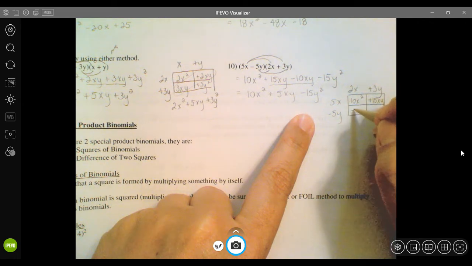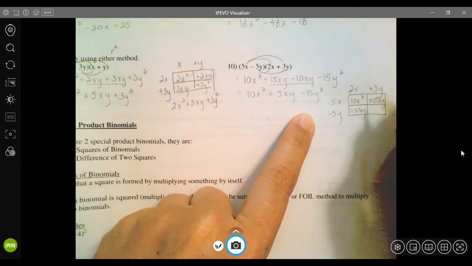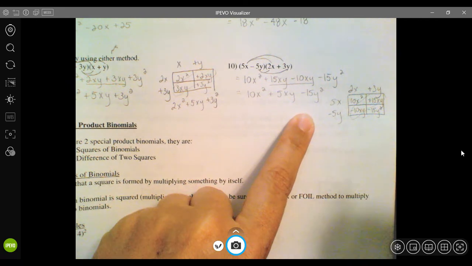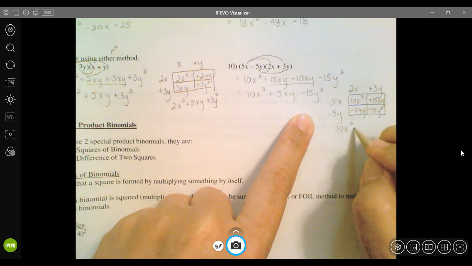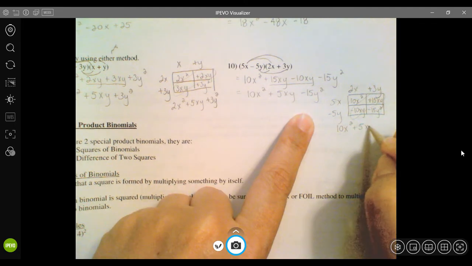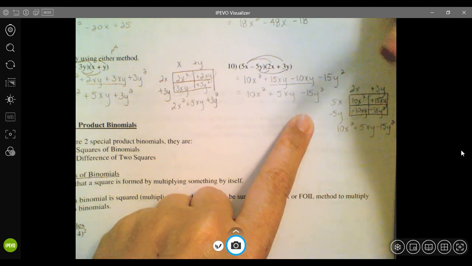Negative 5y times 2x is negative 10xy. And then negative 5 times 3y is negative 15y squared. Like terms are there. So we have 10x squared plus 5xy minus 15y squared.